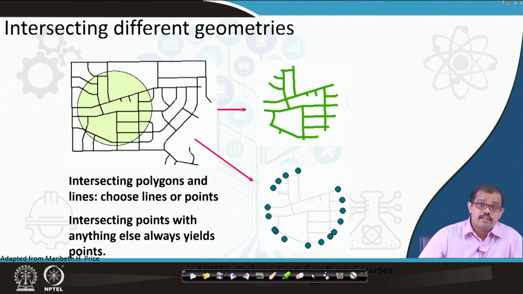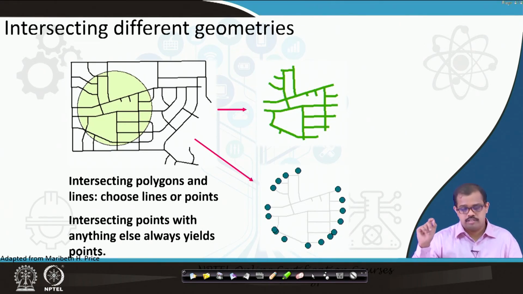Then intersecting different geometries. This is very important for applications, especially in urban data. For example, there is one geometry here and there is another geometry. For these intersecting polygons, you should choose either lines or polygons. Why do I say this? You should be extremely careful about what data you are trying to export. What is the report that is being given to the user? Whether you are giving a report on how dense the street is, or a report on where there are intersections in that particular street network.